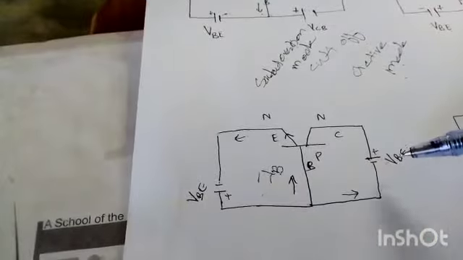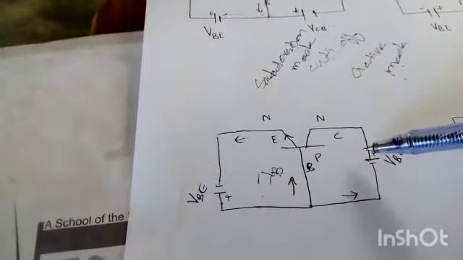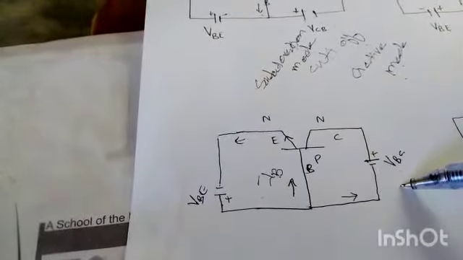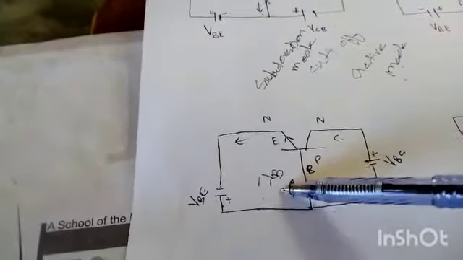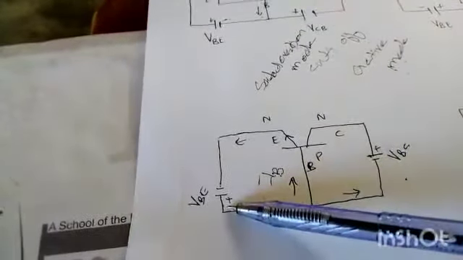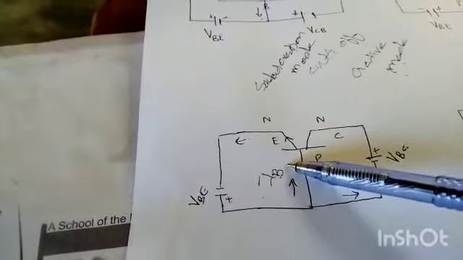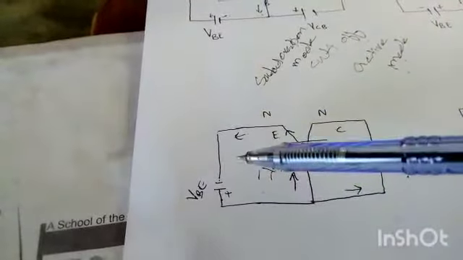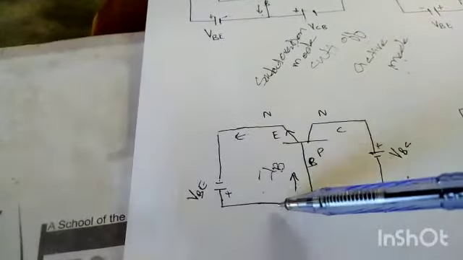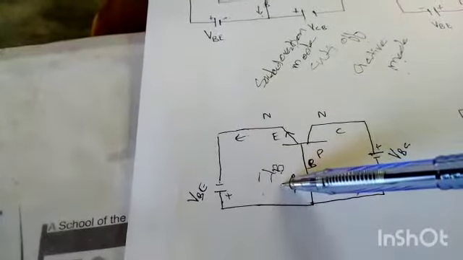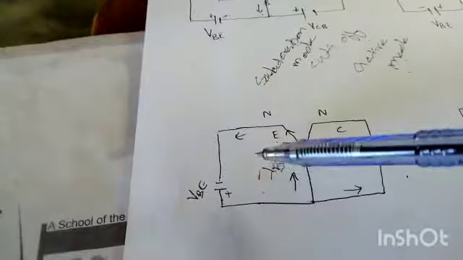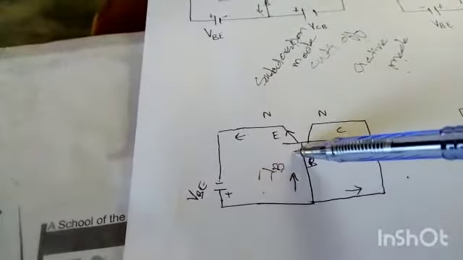When we keep the voltage across collector base constant and change the input voltage, there is a change in input current, that is base current. Initially, when we increase the voltage, there is zero current because the voltage we apply is used to reduce the junction.